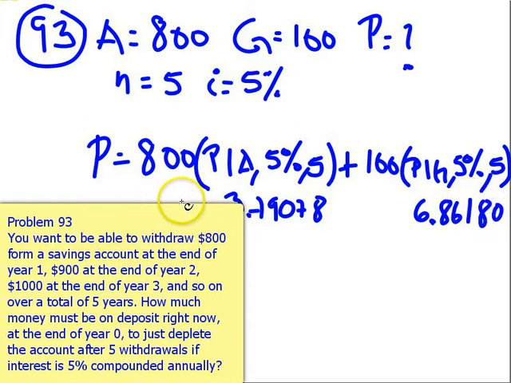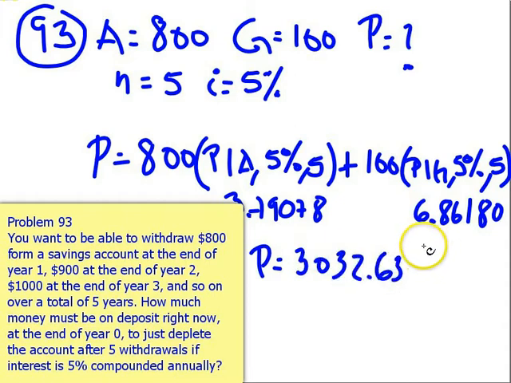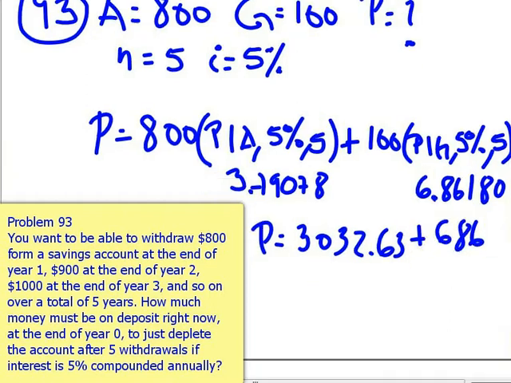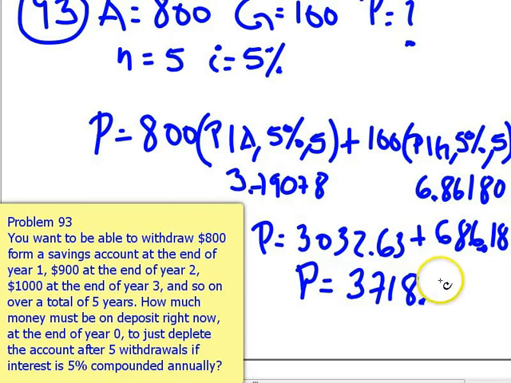And when we do the corresponding operations, the present value is $3,032.63 plus $686.18, or the present value is $3,718.80.